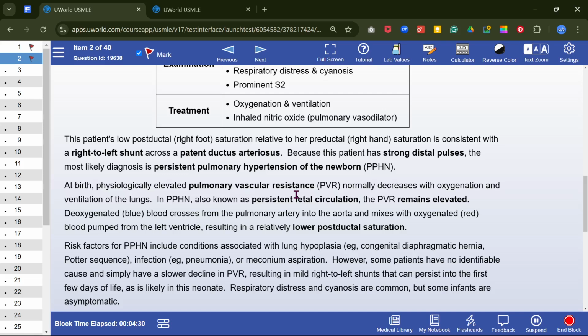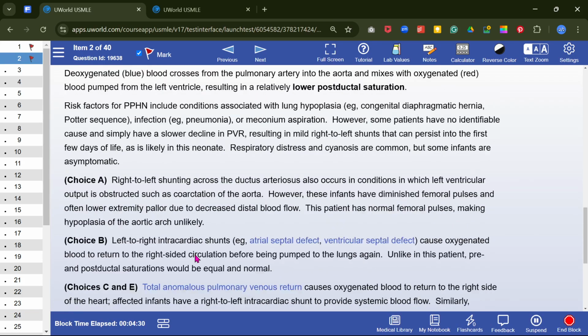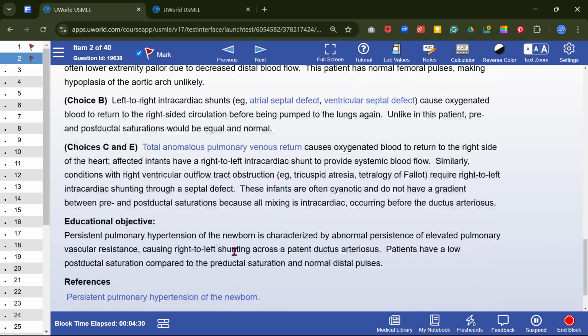Respiratory distress and cyanosis are common, but some patients are asymptomatic. Okay, normal.